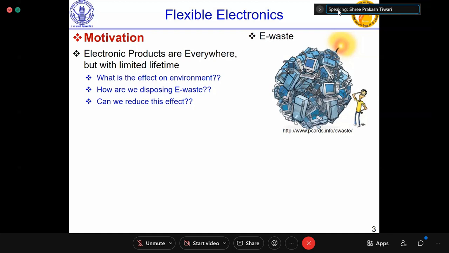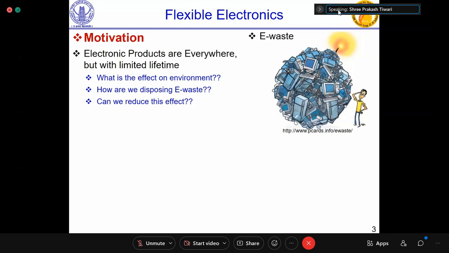So eventually it just creates electronic waste. And that is a very serious concern in the last couple of decades, not only for India as a developing country, but all the developed countries we see are suffering from this e-waste problem. Because every 6 months to 1 year, people are changing their smartphones. So that is one electronic waste.